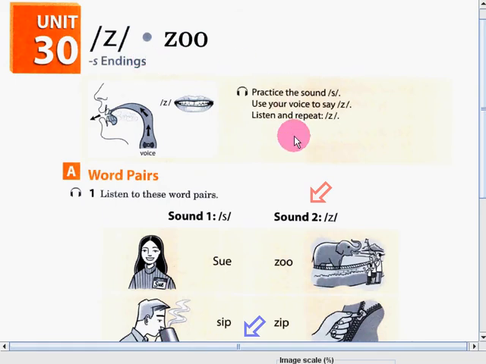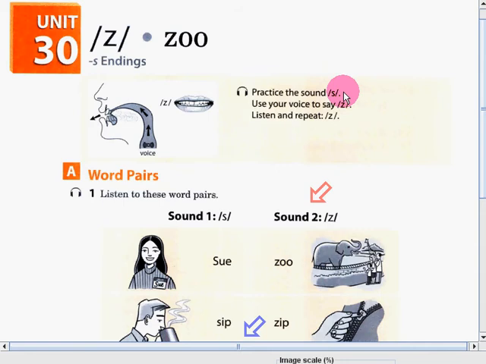Okay guys, how are we going to produce this sound? So, I told you a while ago that the last consonant sound that we've talked about was the S sound. Let's try to practice that sound again.